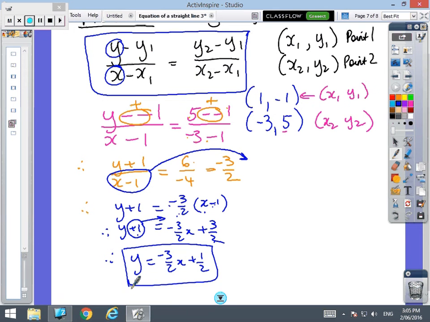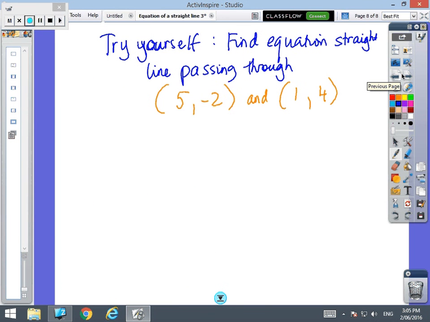Okay, so let's see what's on the next slide. Copy that down when you're ready to come across. So try for yourself, pause when you're ready, come back live. Okay. All right, do a rough sketch. So 5 is there, minus 2 is there, so I'm down here. And this time 1 is there, and 4 is up there, so I'm up there.